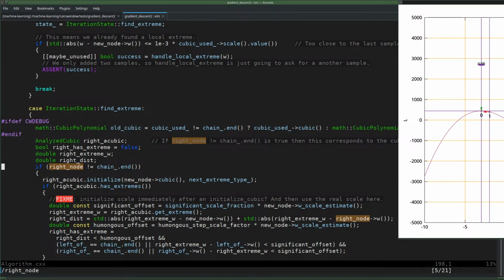So I repeat the test here. Right node is unequal chain end. This here is the right node. Yeah, then of course a new node cubic exists. It's basically what this is doing.